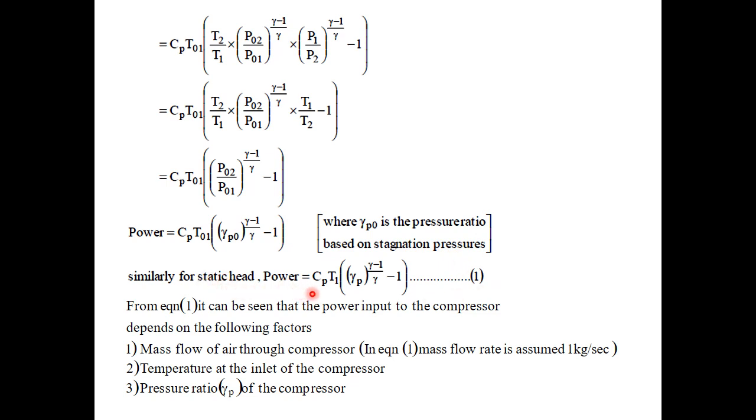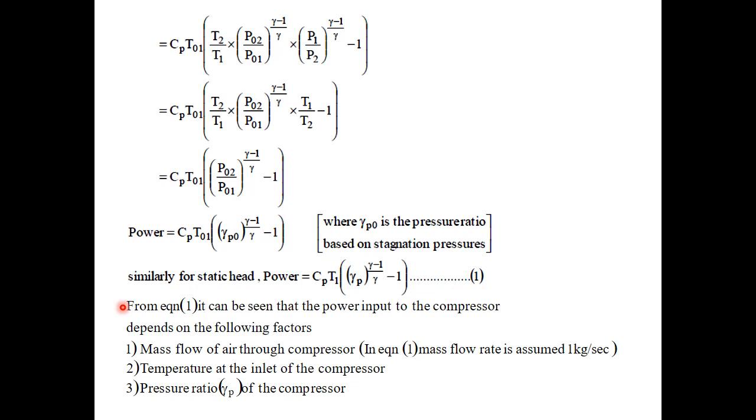Similarly, for static head, power can be written as Cp into T1, instead of gamma P0 we write gamma P, raised to gamma minus 1 by gamma, minus 1. We name it as equation number 1.